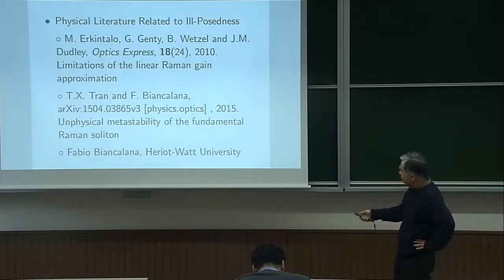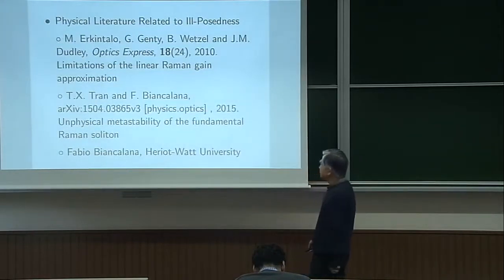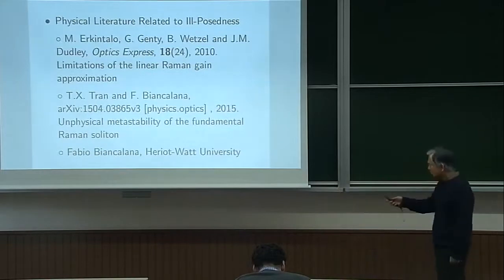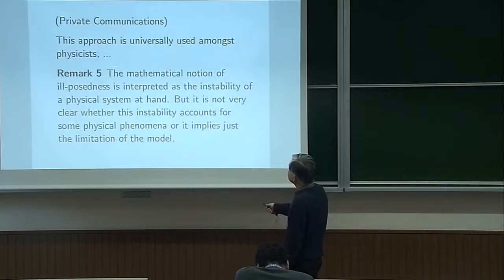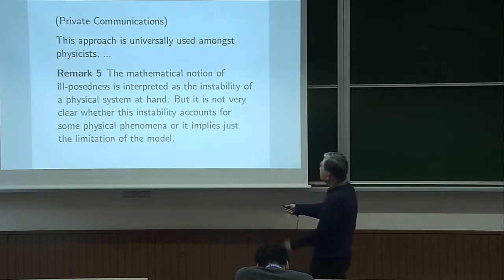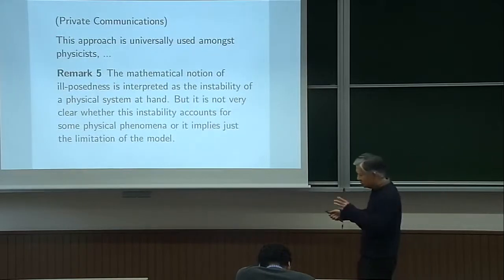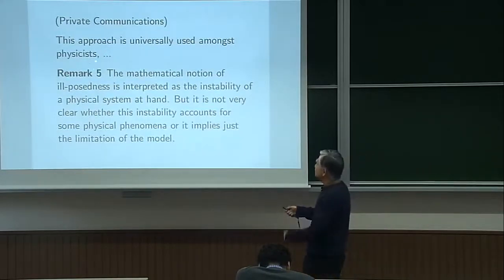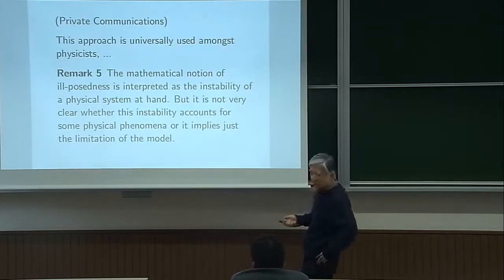So I personally contacted Biancalana according to suggestions of Japanese physicists. In his email, he says it is apt to lead to instability, but this approach, meaning equation 1, is universally used among physicists.